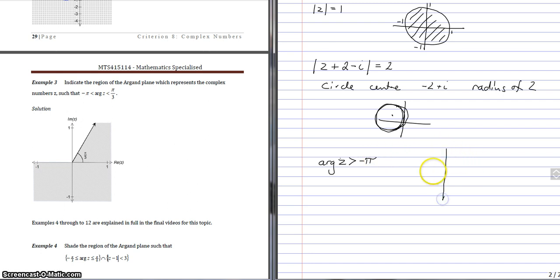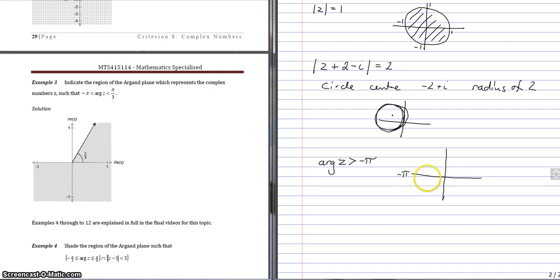If we just think of that in itself, we know negative pi is out here, but the argument is all the angles greater than negative pi. If arg z is equal to negative pi, it's going to be along this line itself.